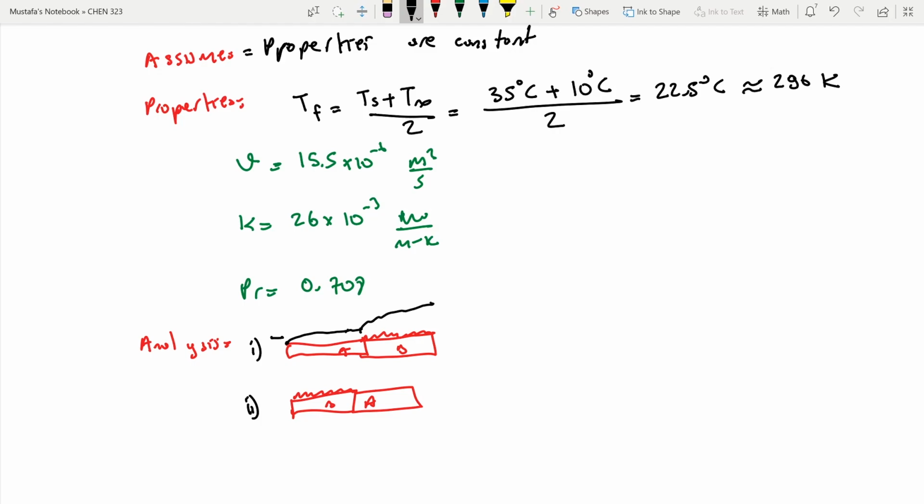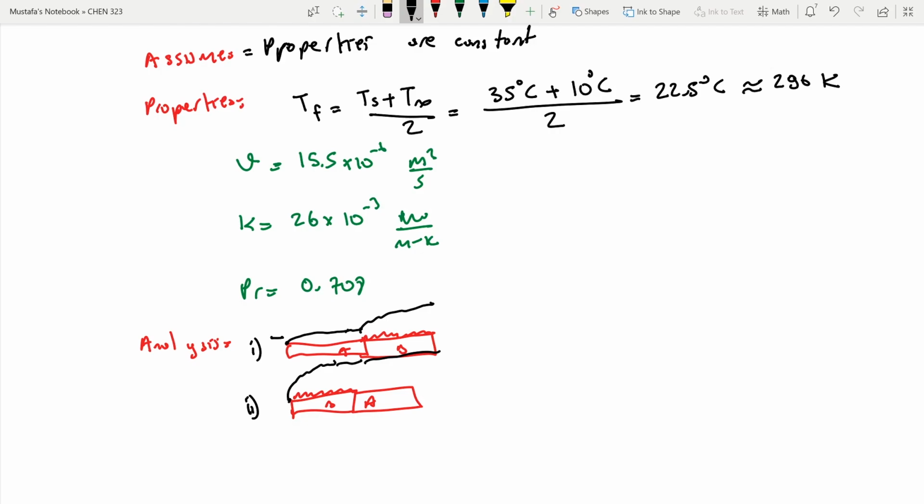On the other hand, when you have a rough start, the roughness will induce turbulence immediately. The airflow will be tripped by the roughness, and it will not go back to laminar. It's going to continue. So in one case, you start with laminar and transition into turbulent. In the other case, you start with turbulent immediately.